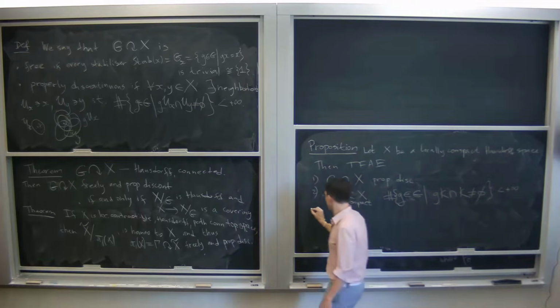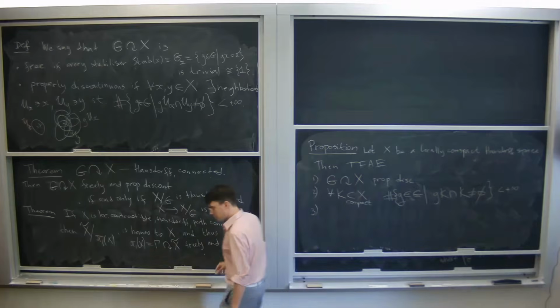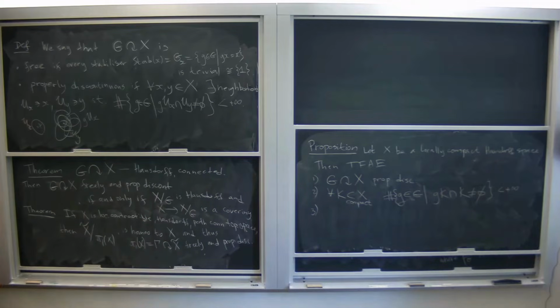And I forgot there was another, the third: the map from G times X to X times X is actually a proper map.